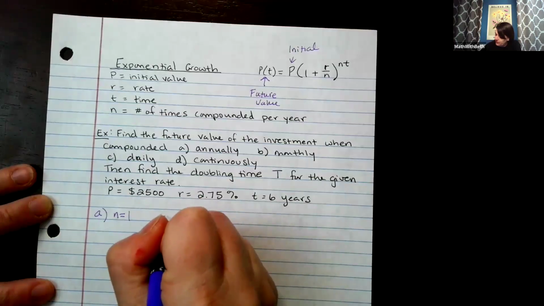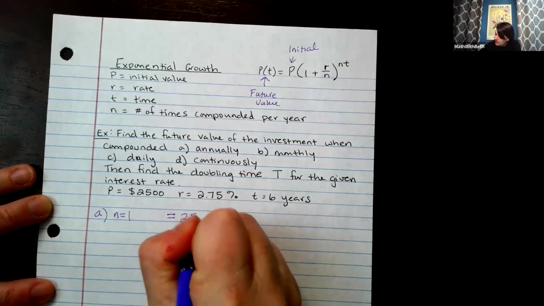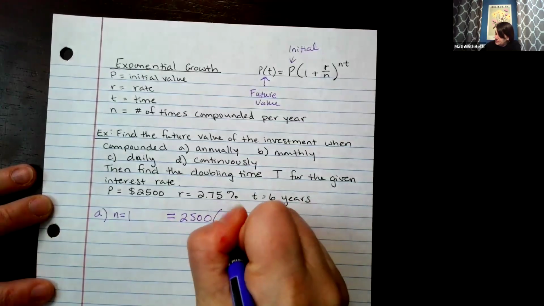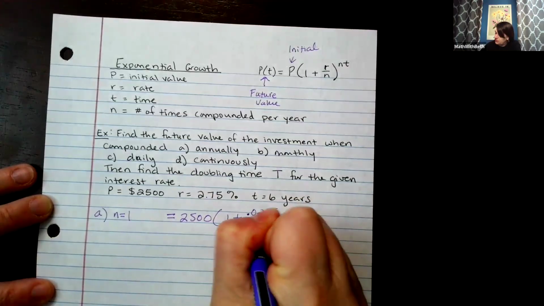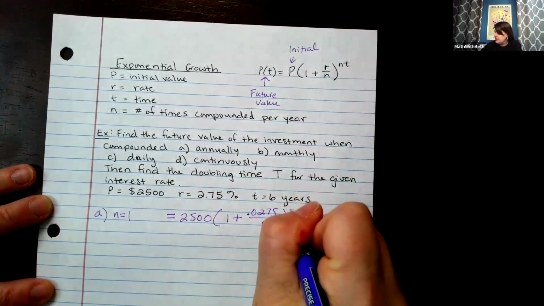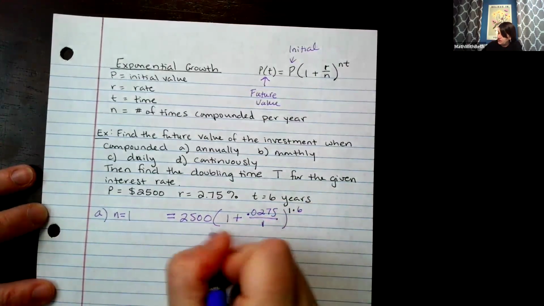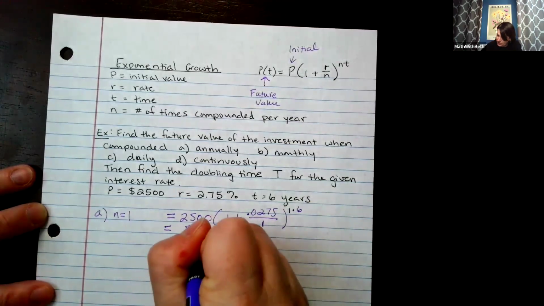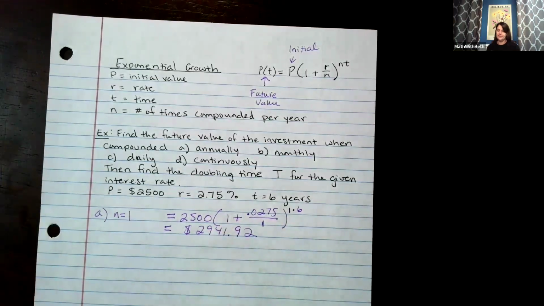So our future value is going to be the 2,500 times 1 plus, we got to change our rate to a decimal, divided by 1, because that's what our N is, raised to the power of 1 times 6, because we're looking at 6 years. So you need to put this in the calculator carefully, but you should get this for your answer.